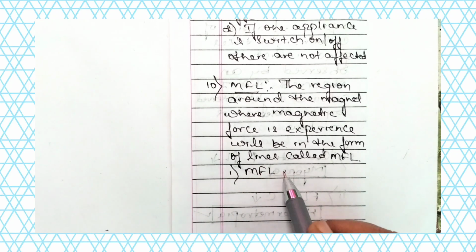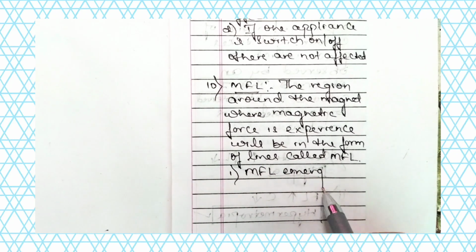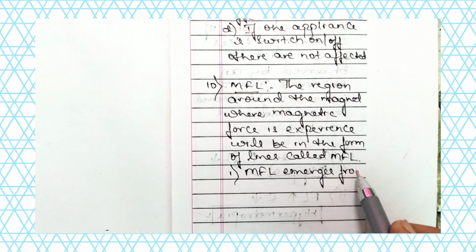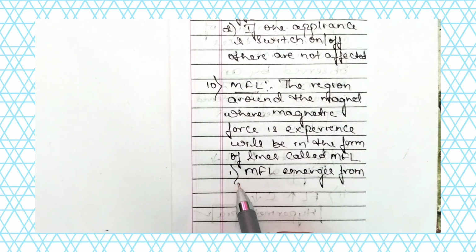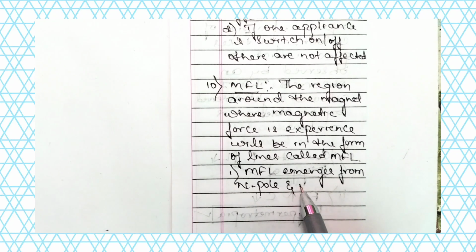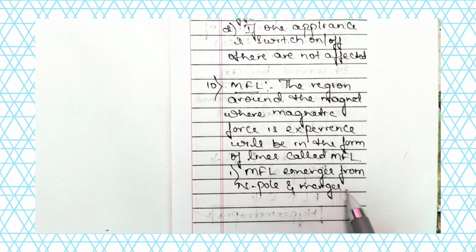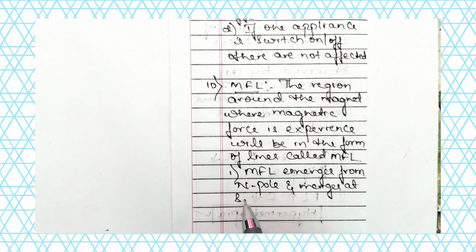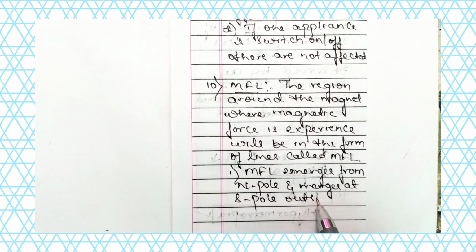Magnetic field lines emerge from the north pole and merge at the south pole outside the magnet.